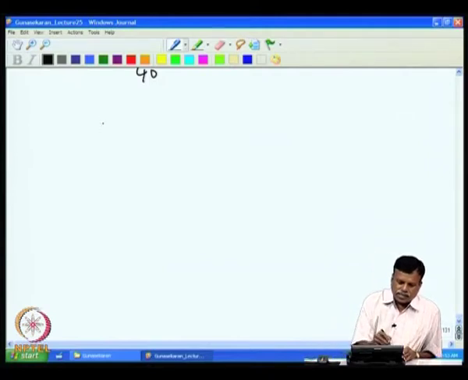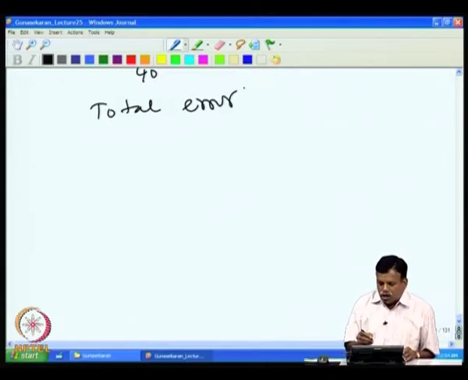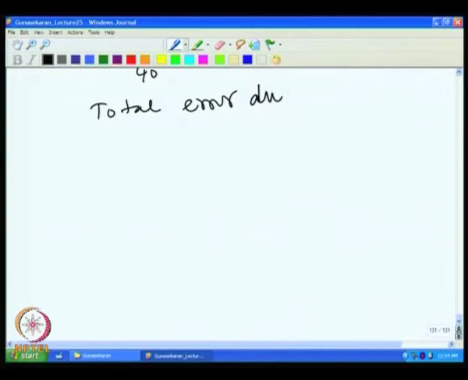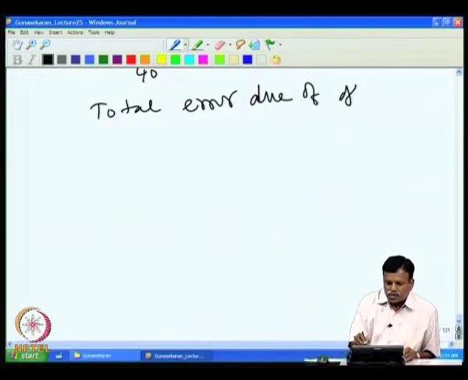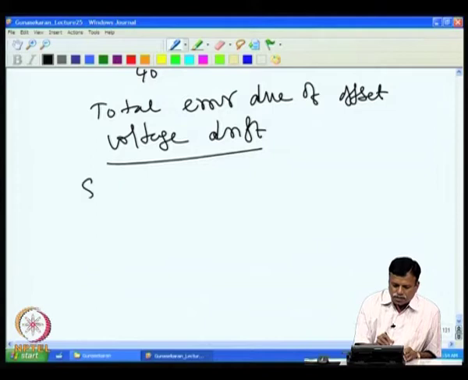So, we calculate total error due to offset voltage drift. Stage 1, op amp 1.